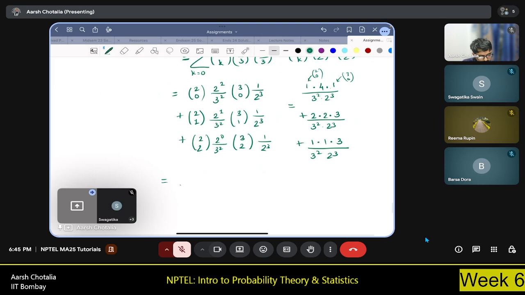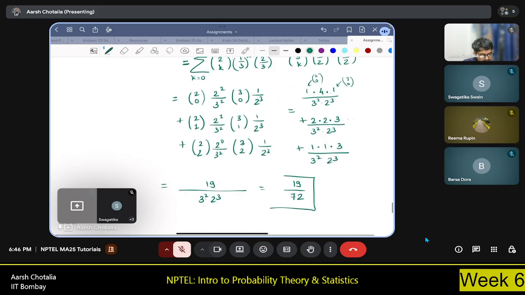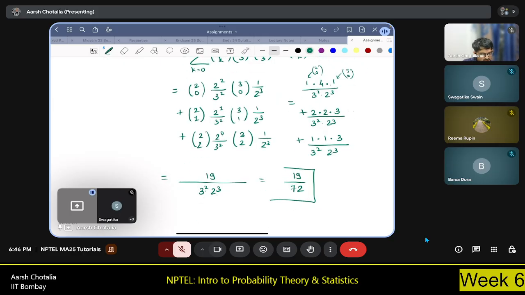So all in all, I can take out this 3 square into 2 cube common. I have 4 plus 12, that is 16, plus 3, 19. This is 19 divided by 3 square, which is 9, times 8, 72. It's ugly, but it is whatever it is. And 18 for the 72, right?